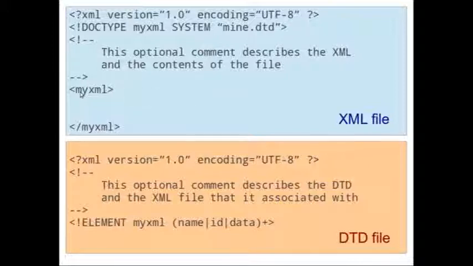And then we have our opening root tag, our contents, and our closing root tag in the XML file. We have a standalone DTD file which begins with an XML declaration, and then we have our comment if we would like to describe our DTD file and our DTD definition. So we're going to have two files that contain our XML data and describe what that data is.